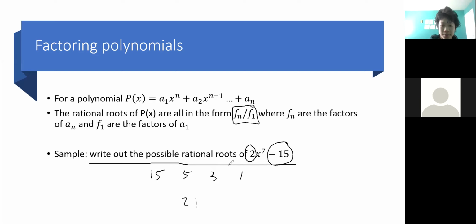I like to write them this way. And then we pair them together. Let's start pairing. 15 over 2, that's 1. We actually take plus or minus here because negative factors exist. We can have negative 1 as a factor, negative 3, negative 5. And if we did negative 15 over 2, that would give us negative 15 over 2 as a factor.